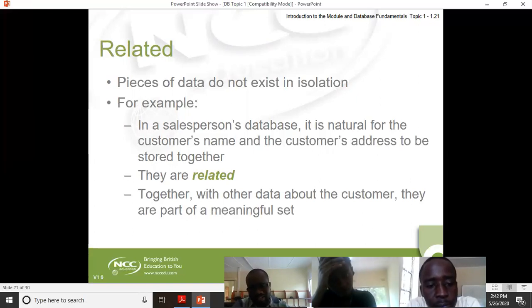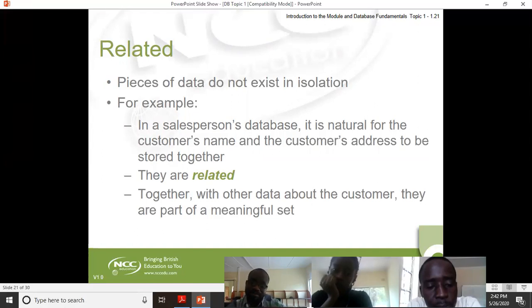It is making sense, isn't it? Then for a school, you can have student, course, lecturer, the courses they are doing, the librarian. Such things are found in schools, isn't it? Employees, just like that. So if you mix those, it means these are not related.